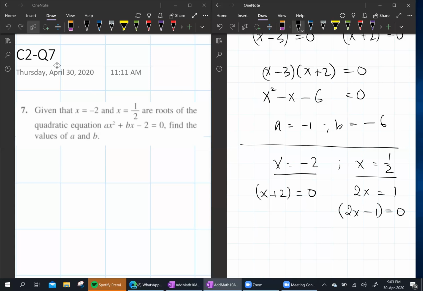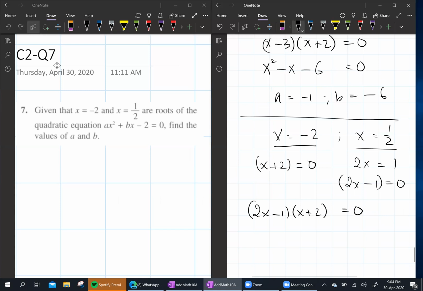My answer for alpha is 3x and for beta is -2. Is it? No, wrong already. Okay, let's do this again. This is 2x minus 1 times x plus 2 equals to 0. Correct? Yes.